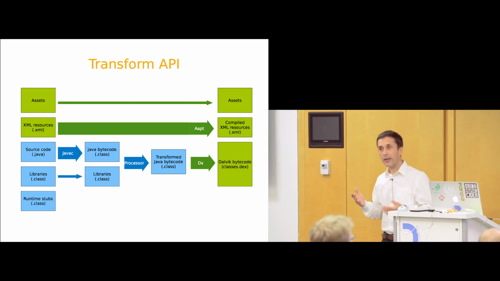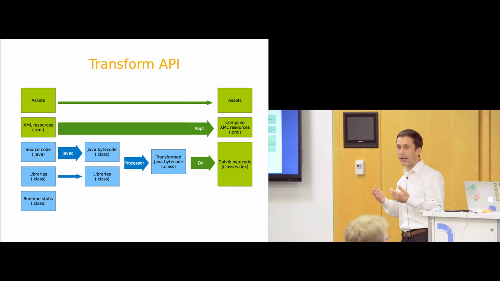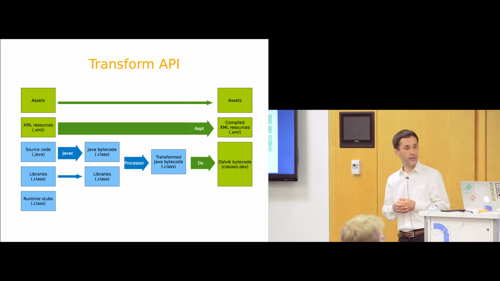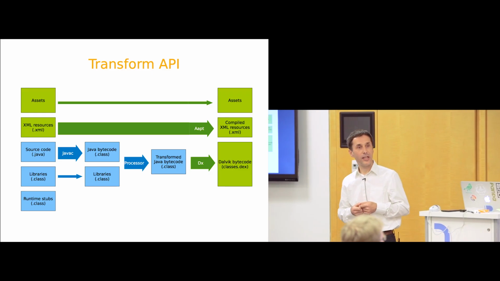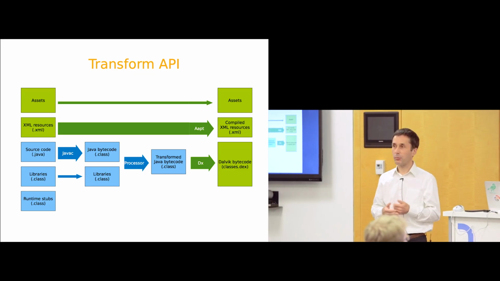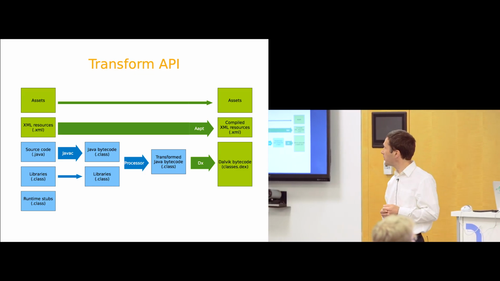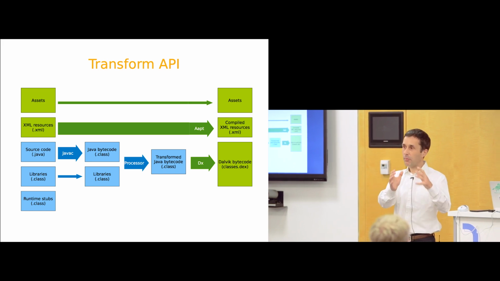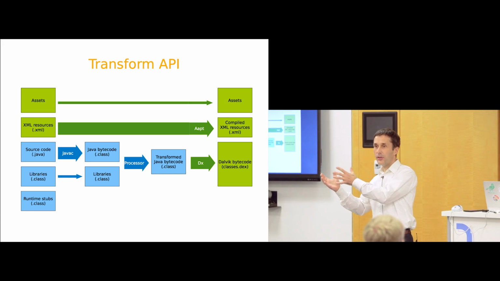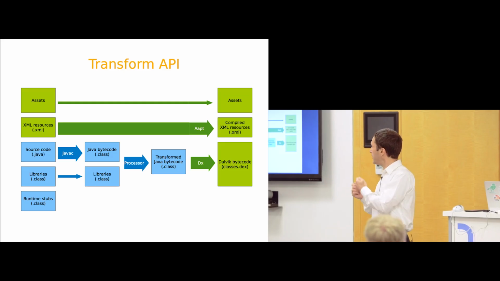Now, the build process can become a bit more complex, more extensive, if you're using any transformations on Java bytecode. That's an option. It's even supported in the form of the Transform API in the Gradle build system, where you can operate on the compiled Java bytecode to do something in addition to it.